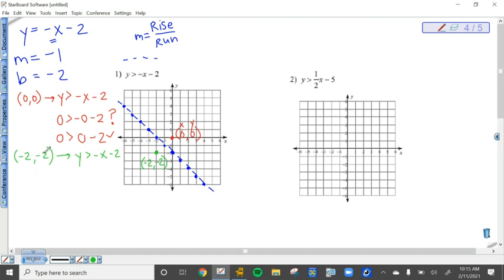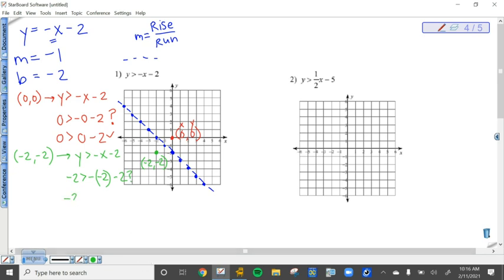So -2, I plug in for y. So -2 greater than -(-2) minus 2. You see why there's two negatives there? Yes? Yeah? Okay, good. So I'm checking to see, is this true?